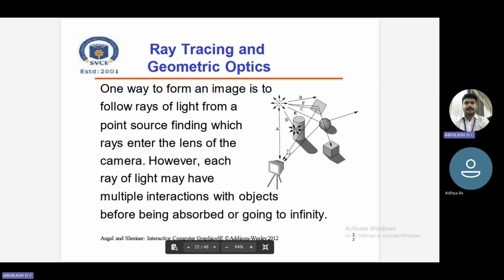However, each ray of light may have multiple interactions with the object before being absorbed or going to infinity. Some rays of light will be absorbed by the object, some will get reflected back, and some just go forever to infinity. So this is the concept of ray tracing.